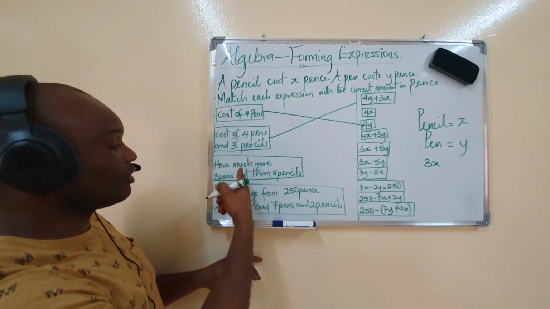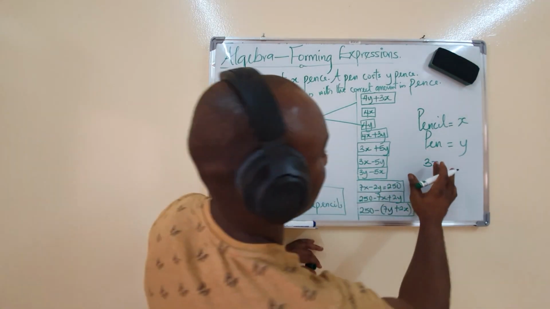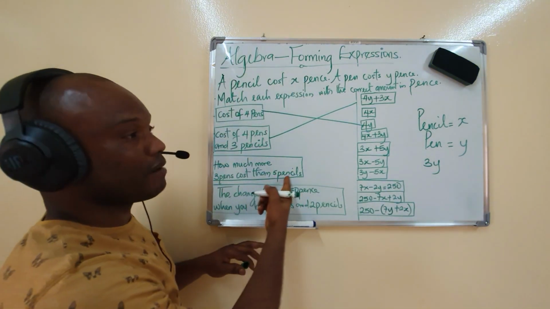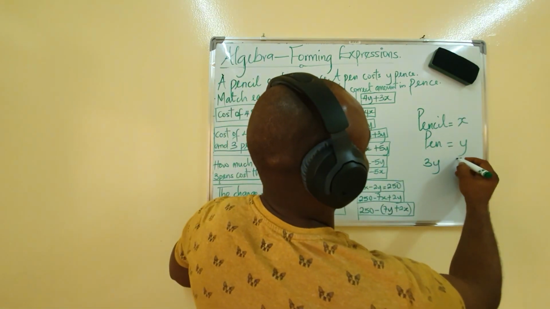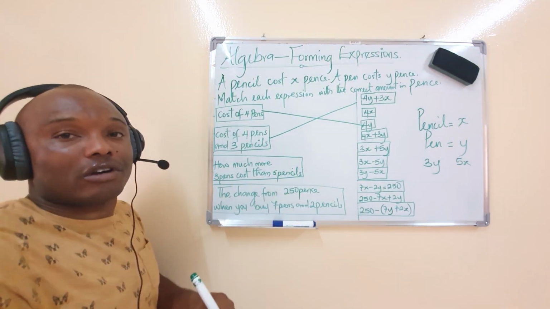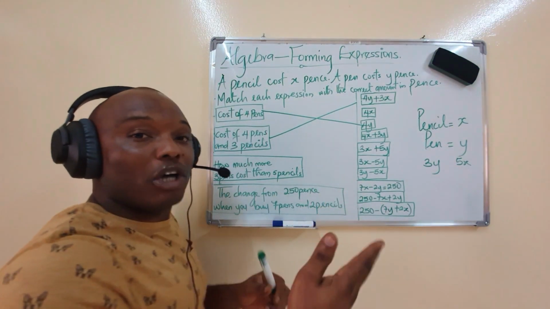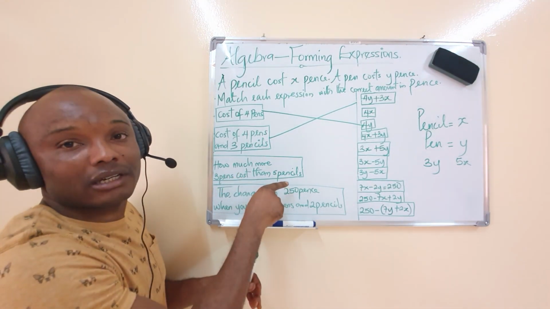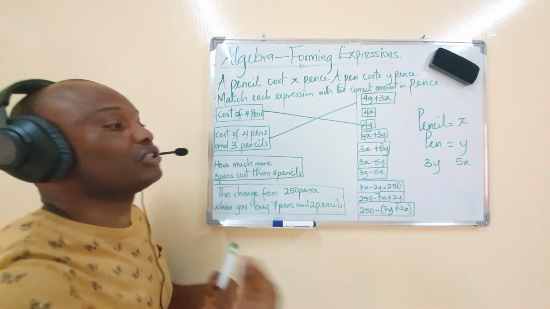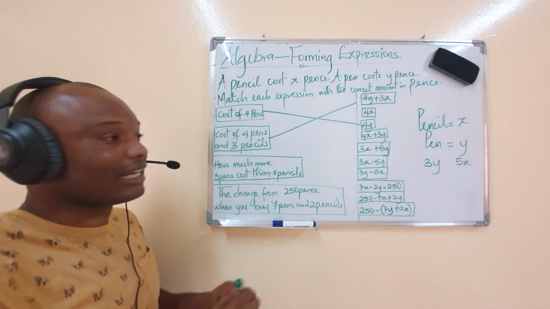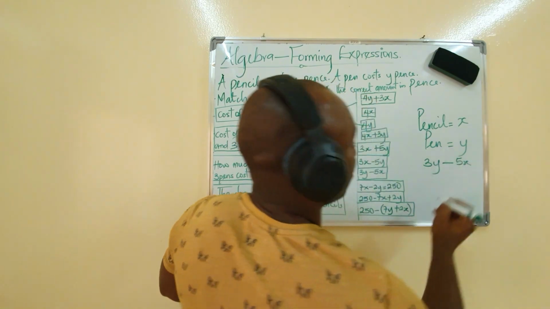So how much more 3 pens cost? 3 pens will be 3y. 5 pencils will be 5x. Now look at what connects them. How much more? It means that 3 pens cost more than 5 pencils. So we can conveniently subtract 5 pencils from 3 pens. That's what it means. So how much more means minus.